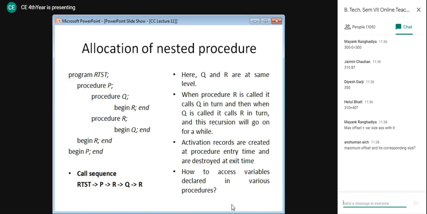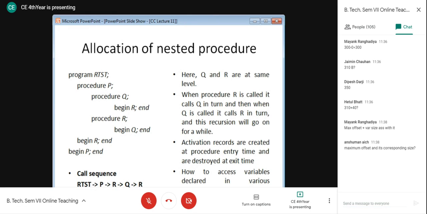I hope the sequence of procedure calls and the way these procedures are defined inside other procedures is clear to everybody. Is the program clear to all? Only then can we go ahead with what variables can be accessed and what we are supposed to do for it.